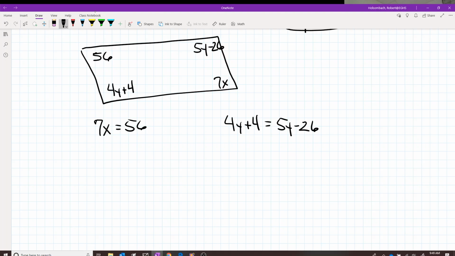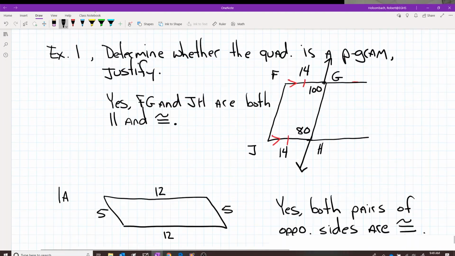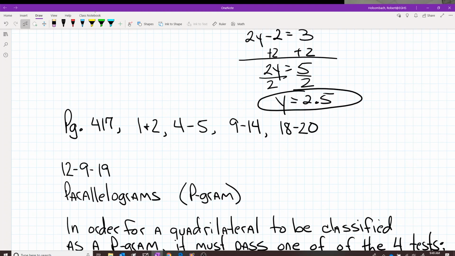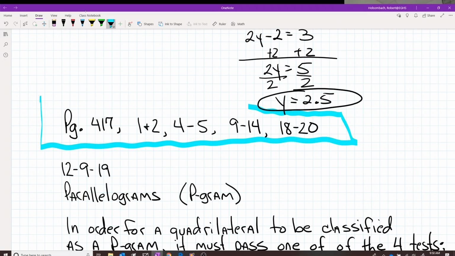Okay, make your quadrilateral meet the 4 rules. If it meets one of the 4 rules, it's a parallelogram. If it doesn't, it's not. This is your assignment for today, or your practice. Make sure that's done before you check focus for your homework.